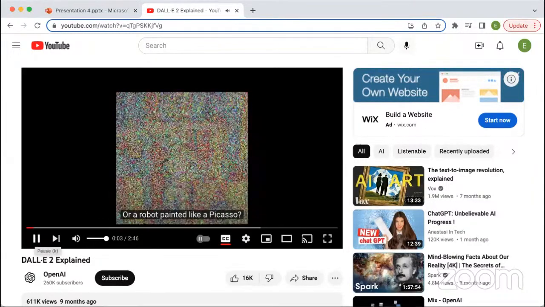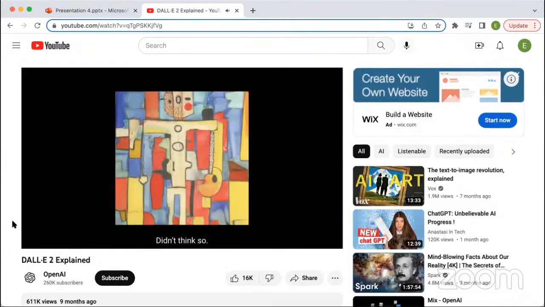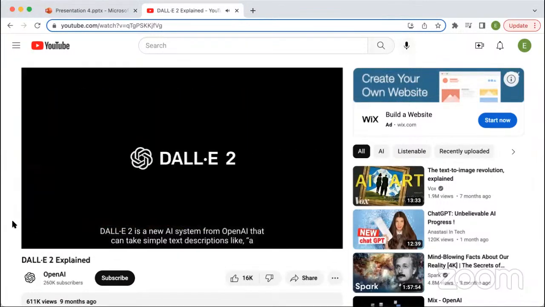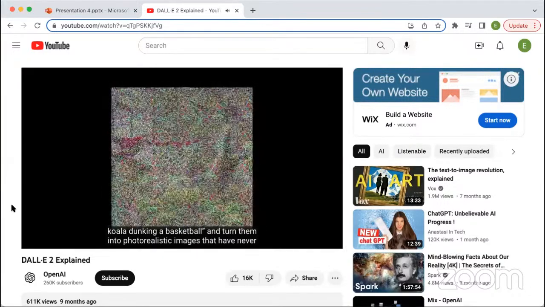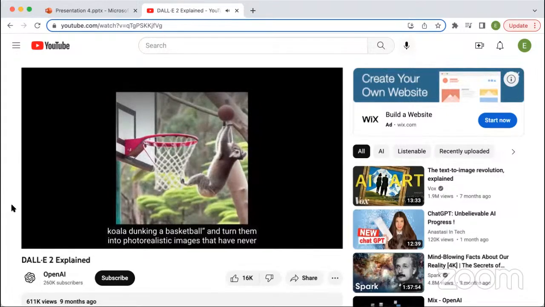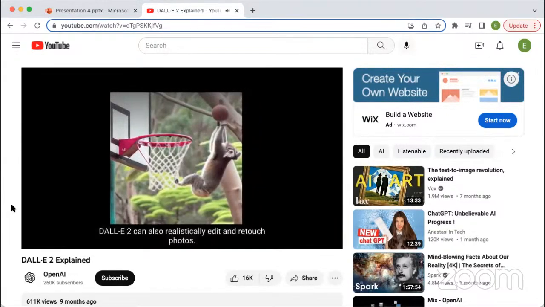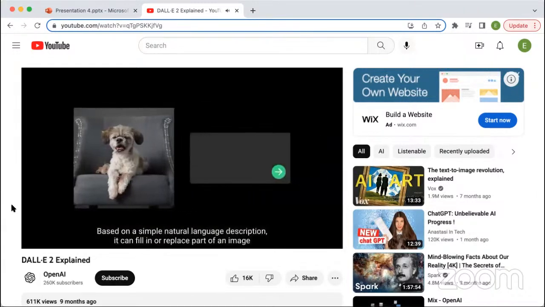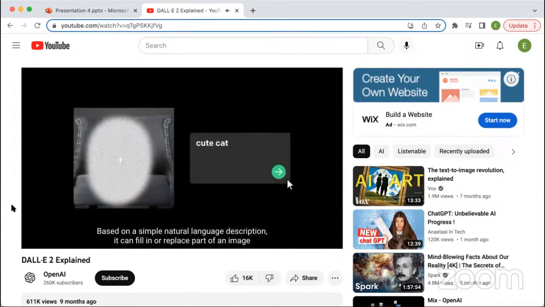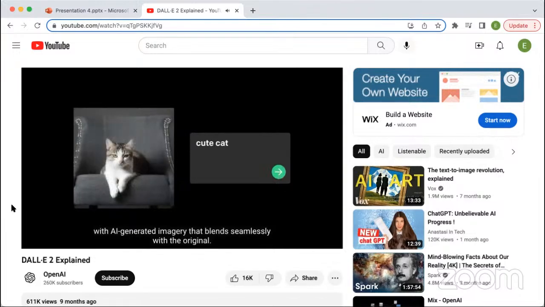Or a robot painted like a Picasso? Didn't think so. DALL-E 2 is a new AI system from OpenAI that can take simple text descriptions like a koala dunking a basketball and turn them into photorealistic images that have never existed before. DALL-E 2 can also realistically edit and retouch photos. Based on a simple natural language description, it can fill in or replace part of an image with AI-generated imagery that blends seamlessly with the original.